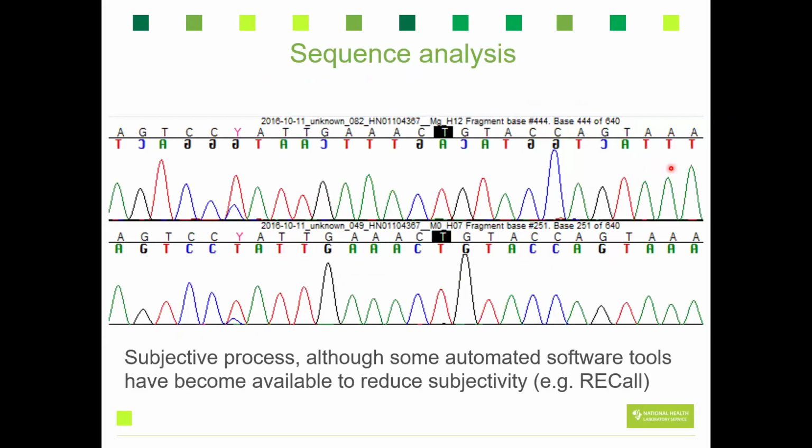The outcome of this is a graph like this, which is what we then need to analyze. I just want to point out that in some cases, you have two colors on top of each other, and the peaks are not the same height. Going back to the viral population, with viruses that are slightly different from each other, this does not mean that in a single virus you pick up two different nucleotides at that position.